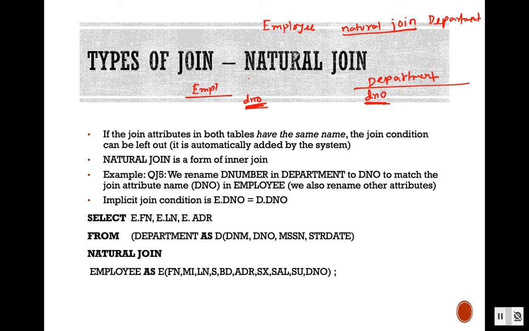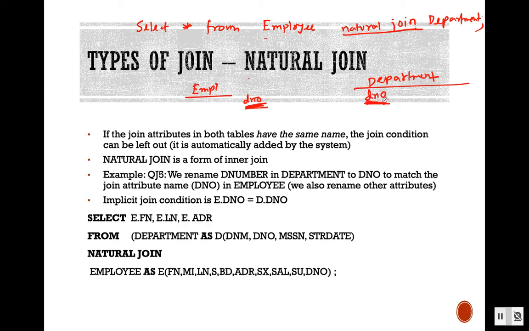We can simply write select star from employee natural join department. This is the same as writing an inner join with a join condition based on the attribute from the tables. If the tables have an attribute with the same name, we can skip the join condition and implement a natural join, and the join condition will be implemented by default.